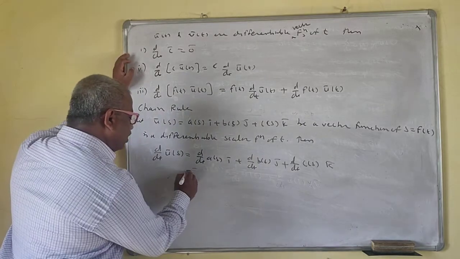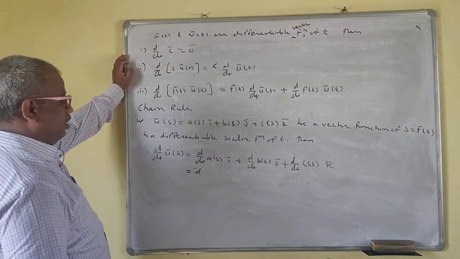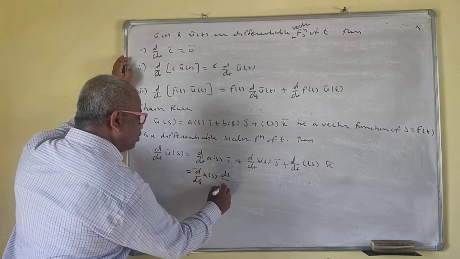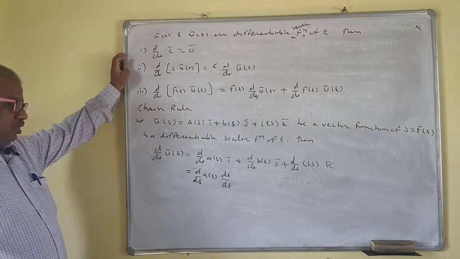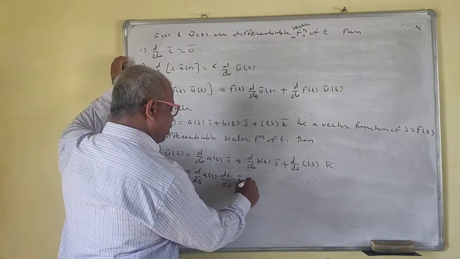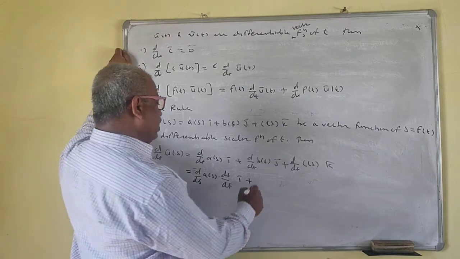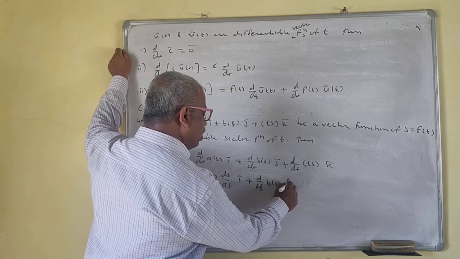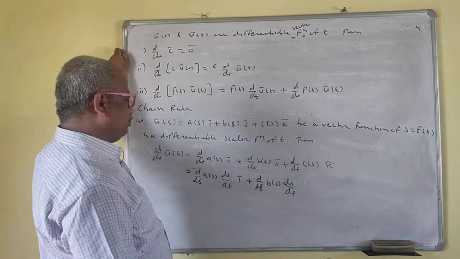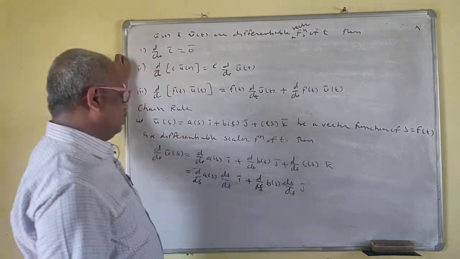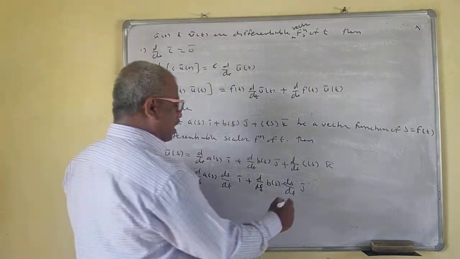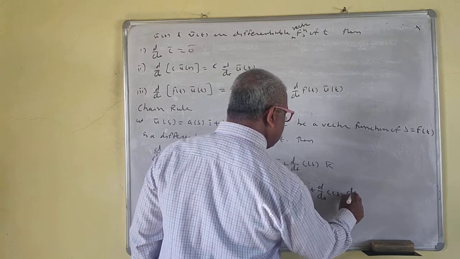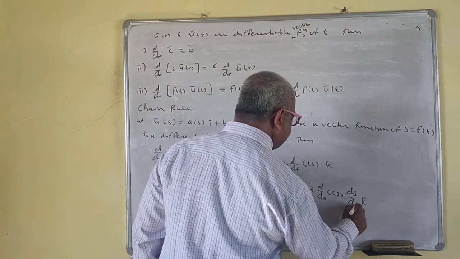So I can write this as d by ds of a of s into ds by dt i bar plus d by ds of b of s into ds by dt j bar plus d by ds of c of s into ds by dt k bar.